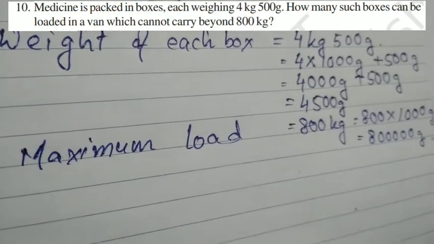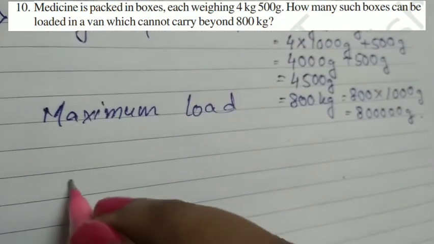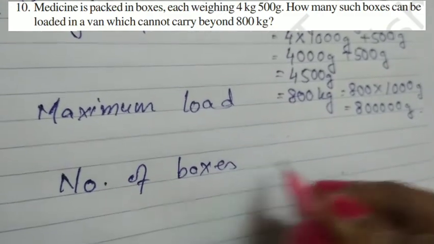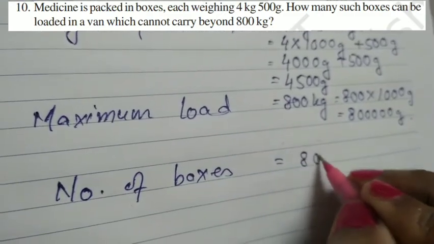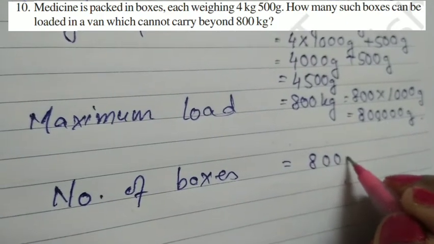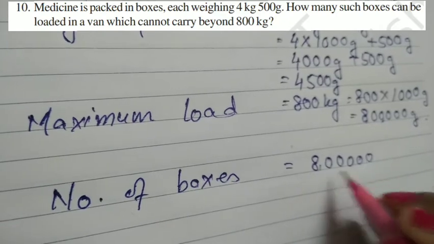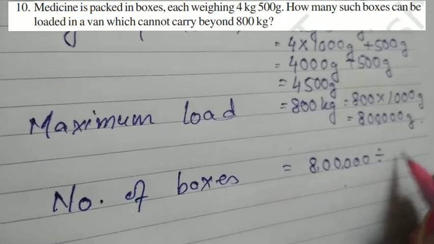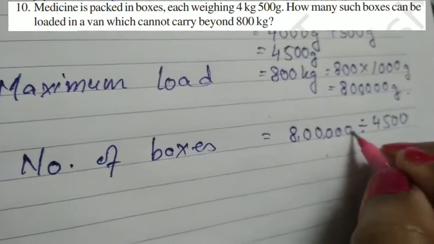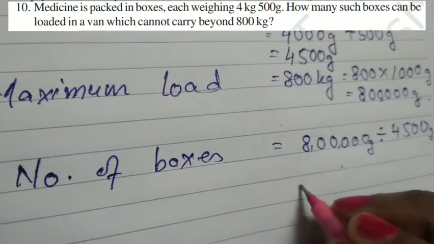Okay. Now, if I have to find the number of boxes, it is equal to 8 lakhs divided by 4500. Okay, both are in grams, so obviously I can divide it.